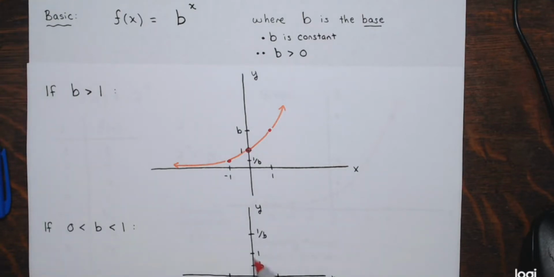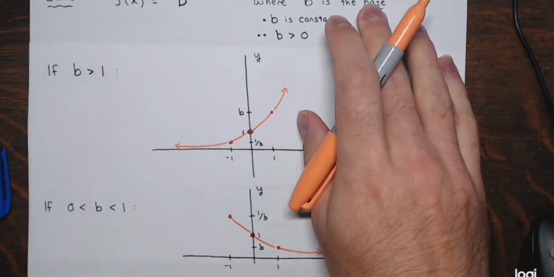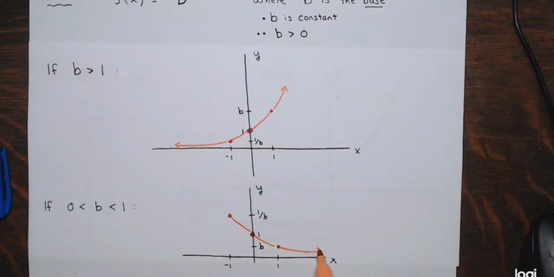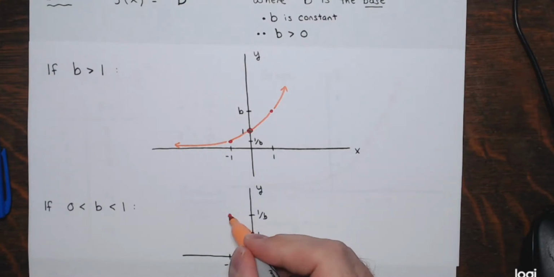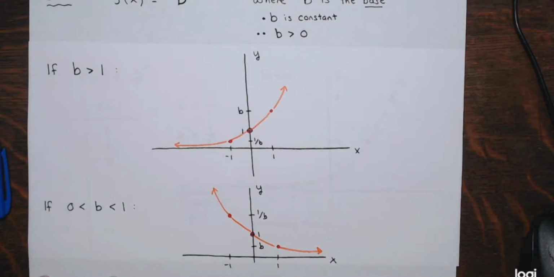And the points on the graph would be 0, 1, then 1 comma b, negative 1, 1 over b, and it would be a decreasing exponential function. Again, the x-axis would be a horizontal asymptote. As I move to the right, the graph would keep decreasing, but never actually hit the x-axis. And all real numbers for the domain, positive numbers for the range.